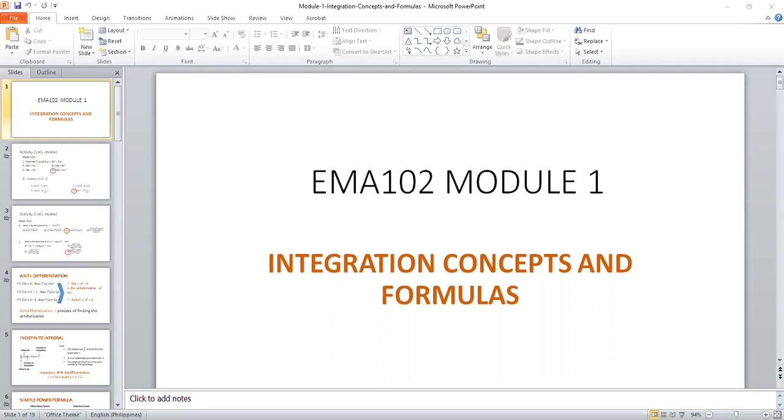Okay, we have an answer already. The answer given by Beatrice is D. What about the rest? What's the second derivative of 3x cubed plus 2 over x?